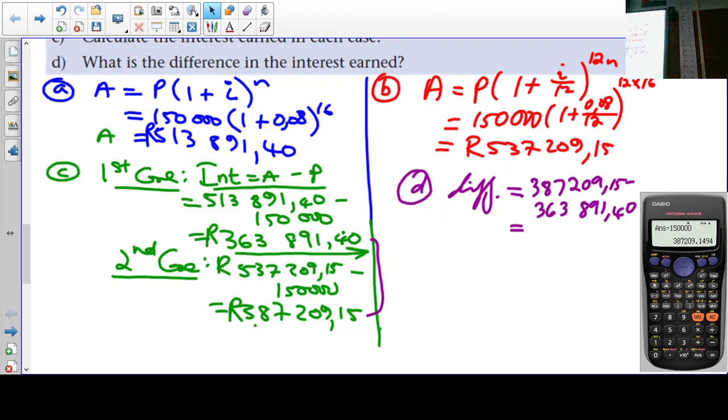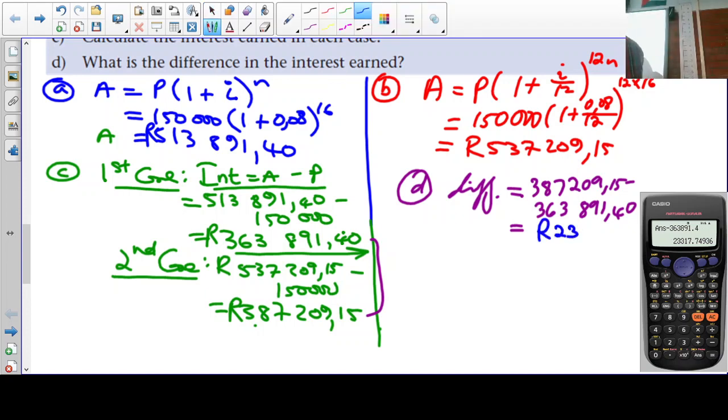That's going to give you 23,317 rand and 75 cents. That's the difference.